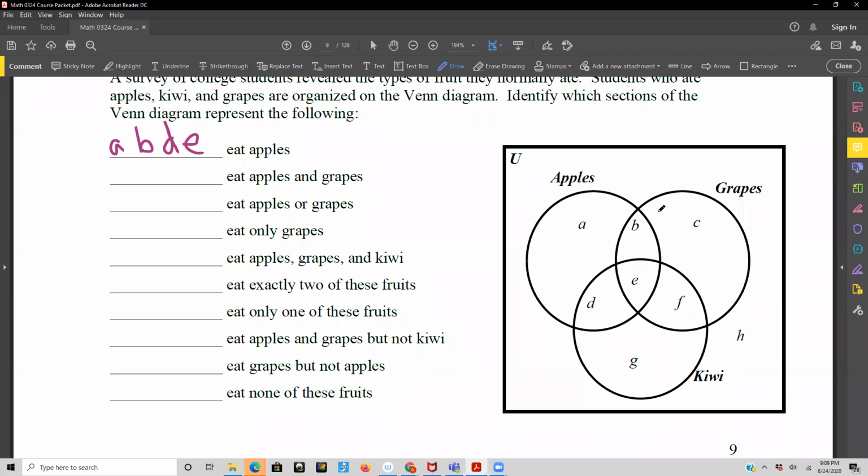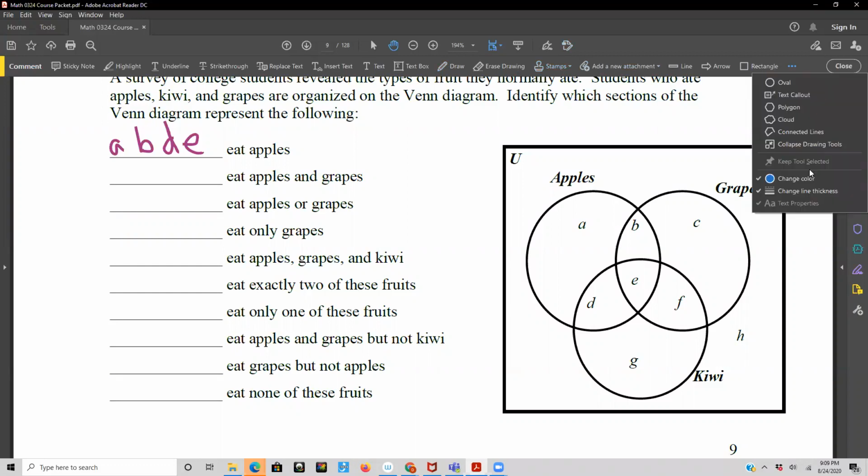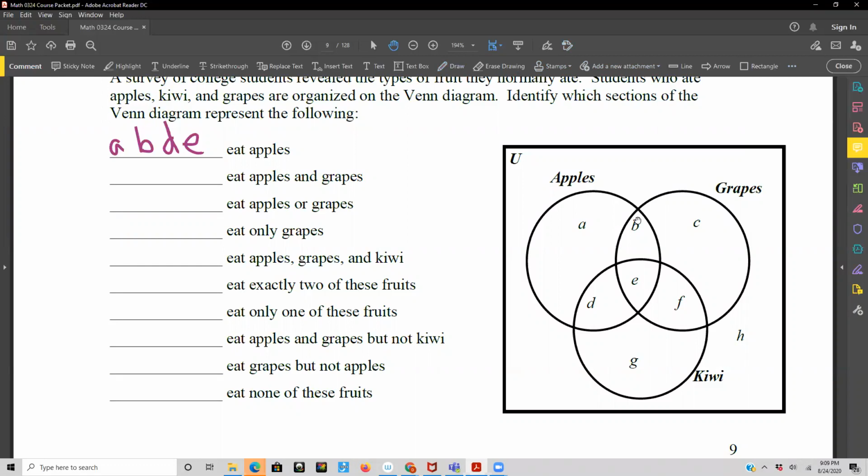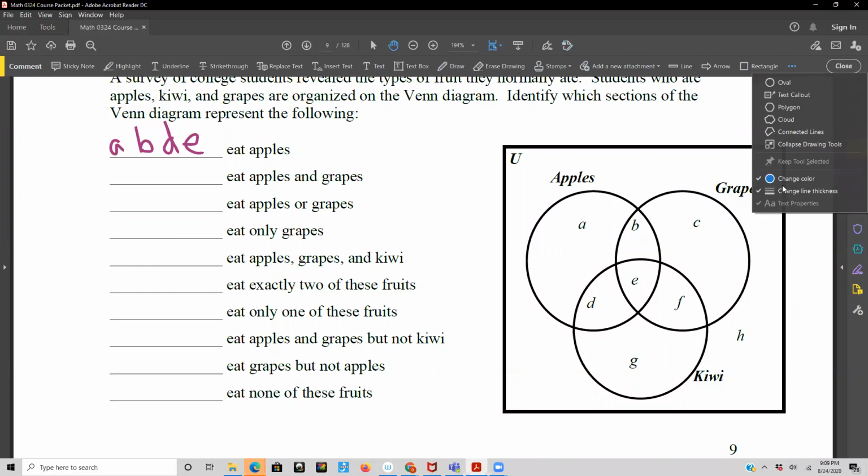One thing you can do if you like highlighters is use a red, a yellow, and a pink highlighter.